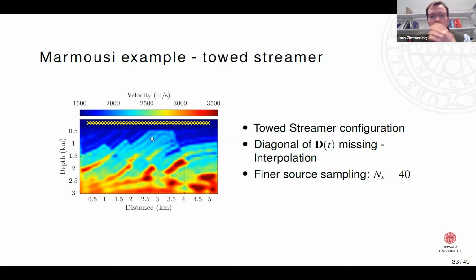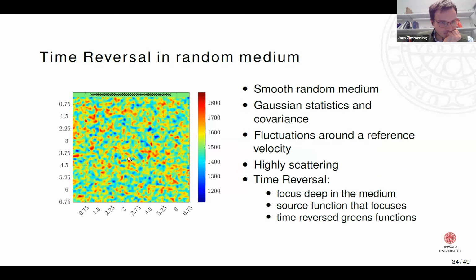And then we try to resolve this. So first we have some interpolation routines and some data pre-processing to recover an approximate diagonal of our data, and then we run all of our machinery to make this work as well as the previous case. We needed to sample slightly finer in space, and we were able to also recover the Marmousi test.